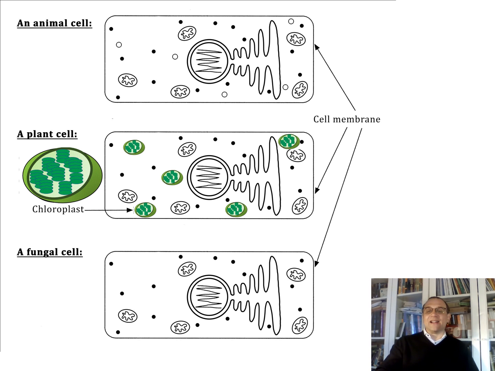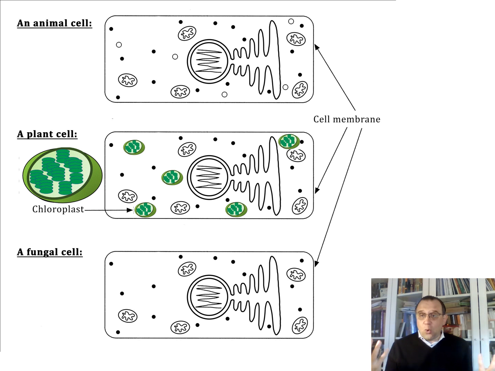Now, plant cells, what they have is a very marvelous, incredibly important organelle for the plants and for life on Earth. Even though our cells do not have it, the name of the organelle is chloroplast, and our life depends on it, because these organelles contain chlorophyll, an incredible molecule capable of capturing energy from the sun and producing organic matter out of inorganic matter such as water and carbon dioxide.